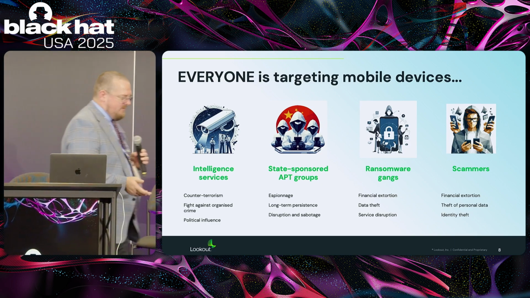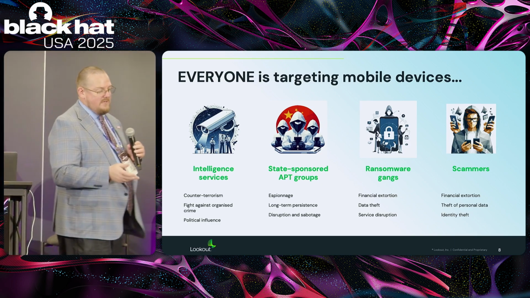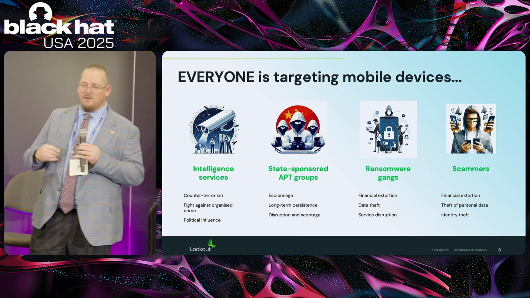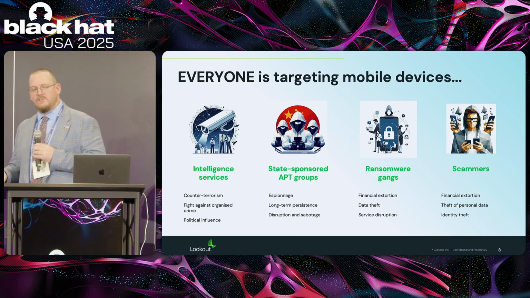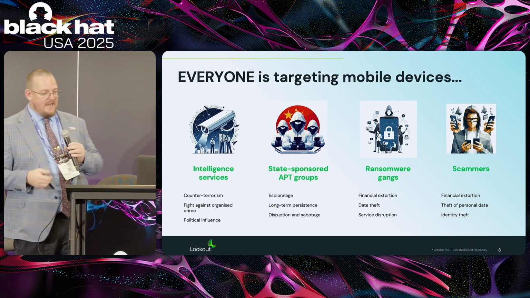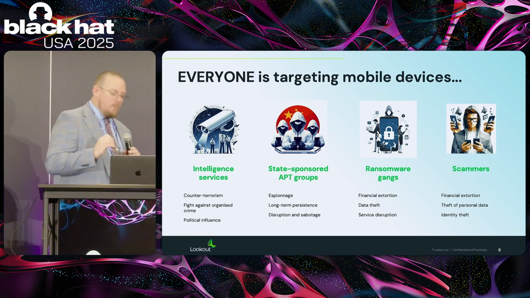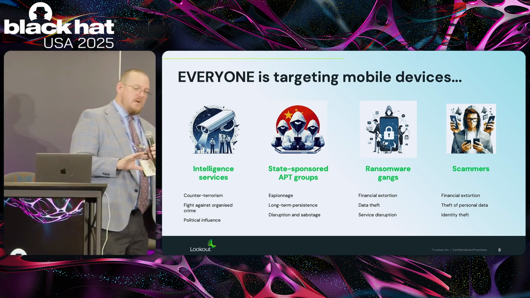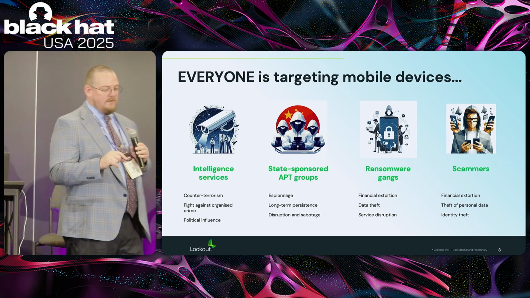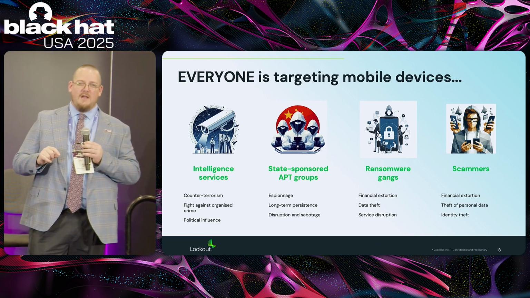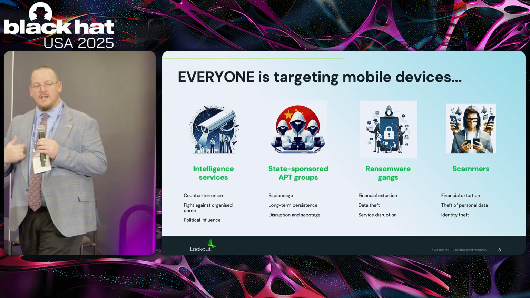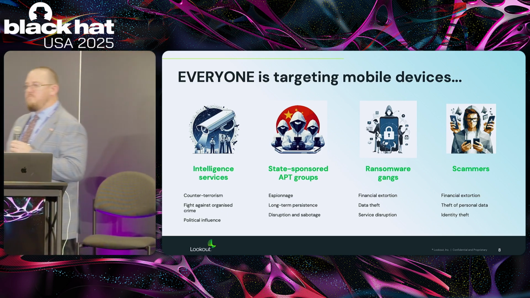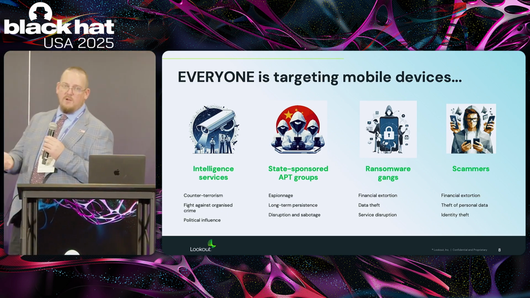Now, when we talk about intelligence services, this is really going to be that nation state where they're utilizing both mobile malware as well as commercial surveillanceware in conjunction in order to get access to the phone. We are also looking at state-sponsored activity that is very particular, not just, hey, do I have a political opponent that is running against me, but more of, hey, I'm North Korea, I need to fund my nuclear program.